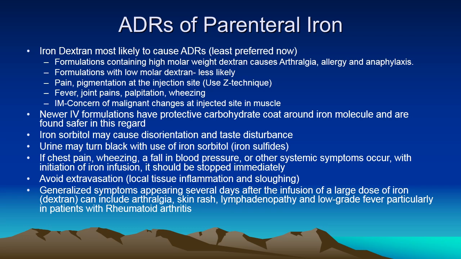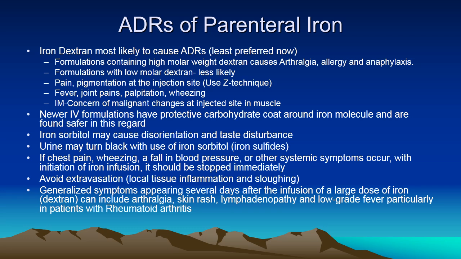Adverse drug reactions to parenteral iron are common with iron dextran, particularly when it was formulated with high molecular weight dextrans. Currently it is formulated with low molecular weight dextran, and it is found to be less allergic. Pain and pigmentation at the site of injection occur intramuscularly, even when we use that technique.